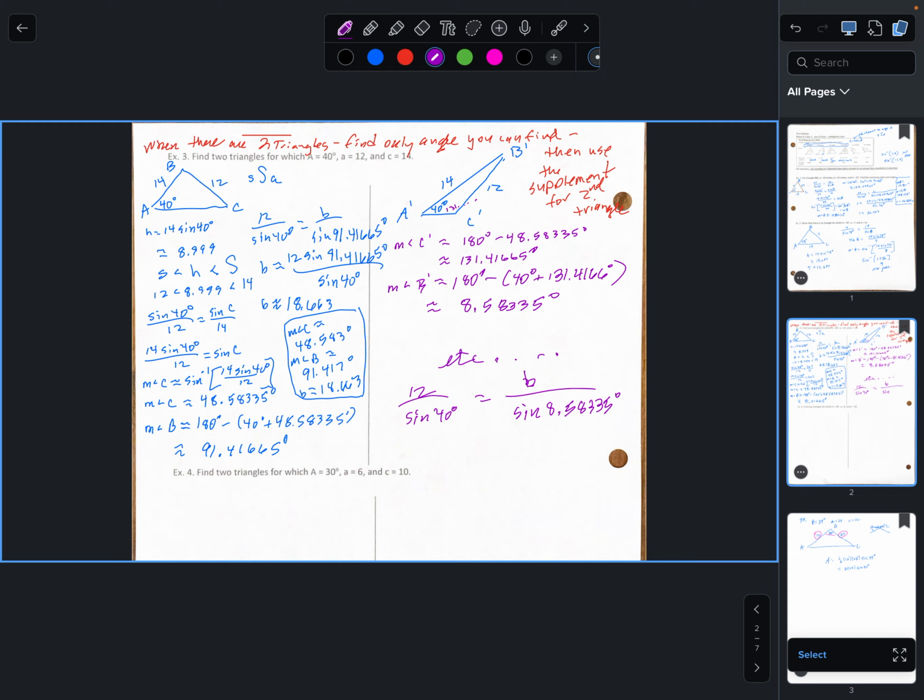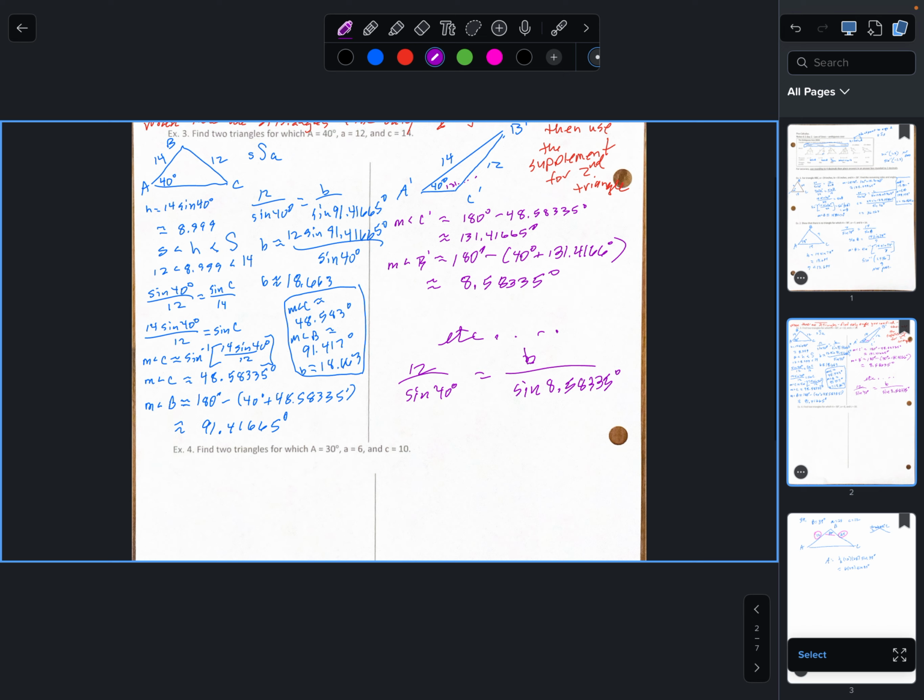And C comes out to that to 5 decimal places.